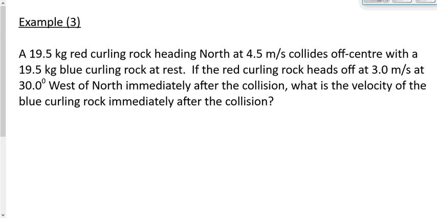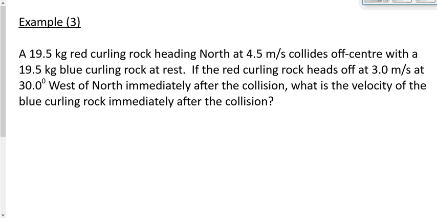And then we got funny angles. It goes from a one-dimensional collision if it's on center, to a two-dimensional glancing funny angle collision if it's off center. We want to know what the velocity of the blue curling rock is immediately after the collision.